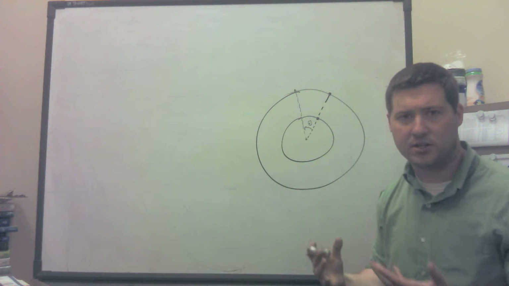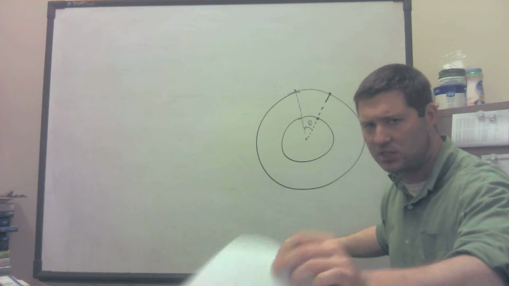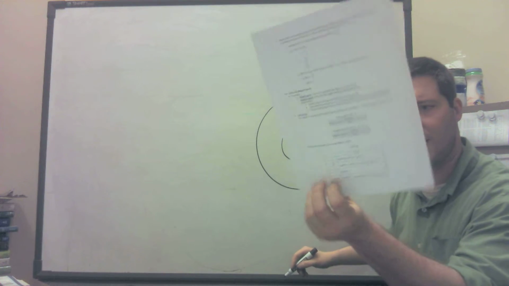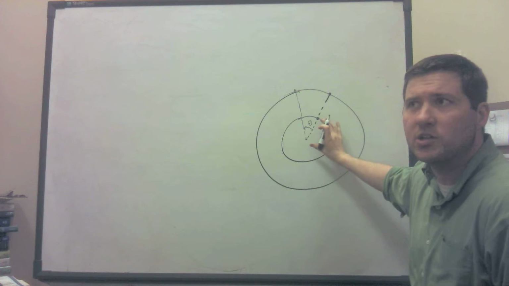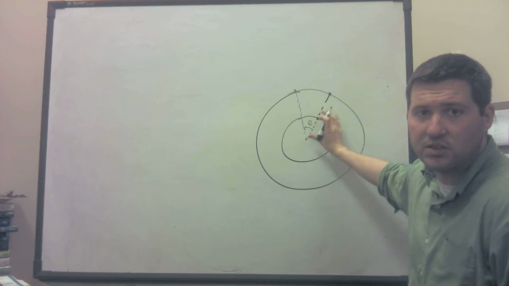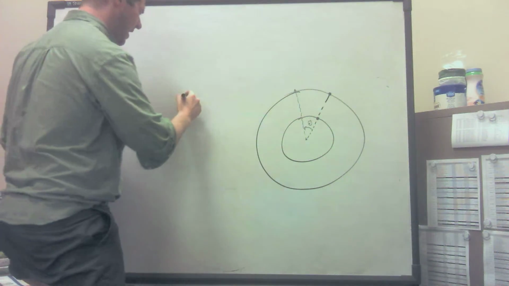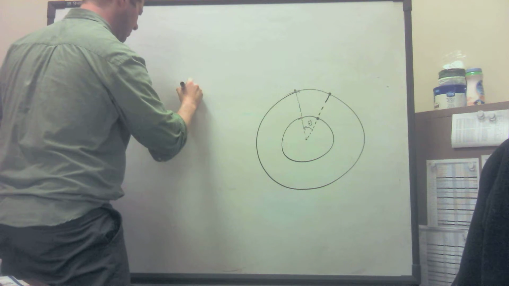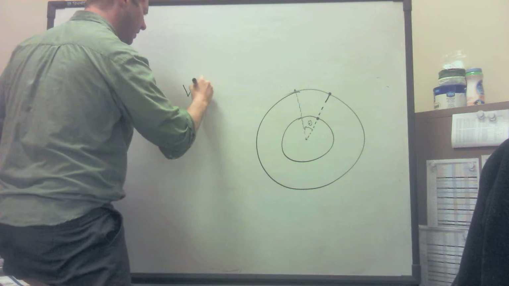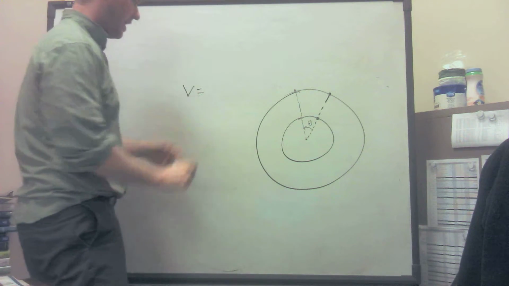So how are these linear speeds related to each other? It's actually really simple. I've got the algebraic way written here for you, kind of outlined what's going on. But the length is proportional to the radius here. As the radius increases, the linear speed increases. So the rule here is that the linear speed is linearly proportional to the angular speed.